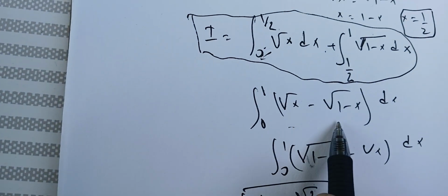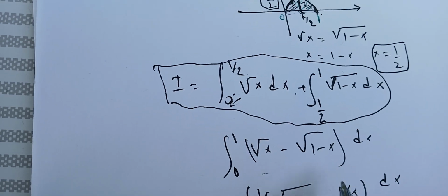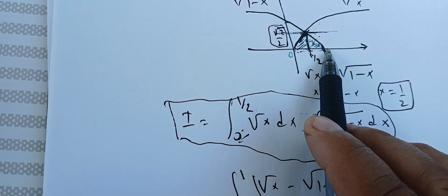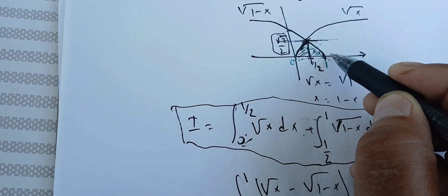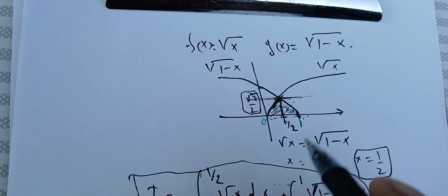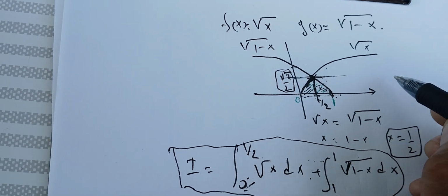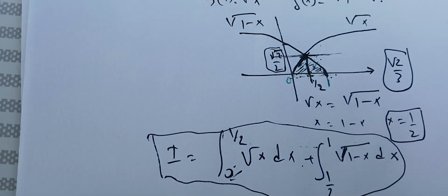If I do something like this, I might get 0. So the key is that we split the interval of integration, between 0 and 1/2 and between 1/2 and 1, and that's how we get the solution, square root of 2 over 3, as the area here. Thank you very much.